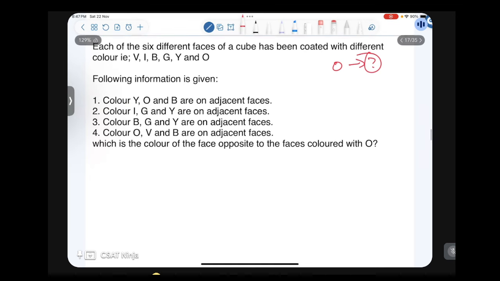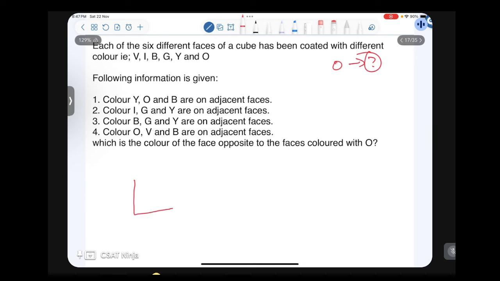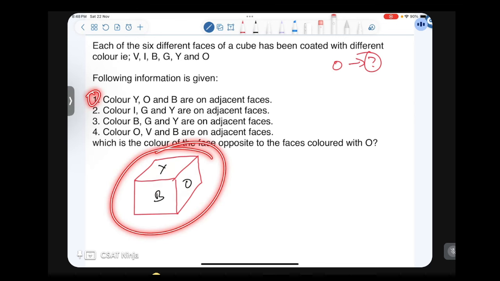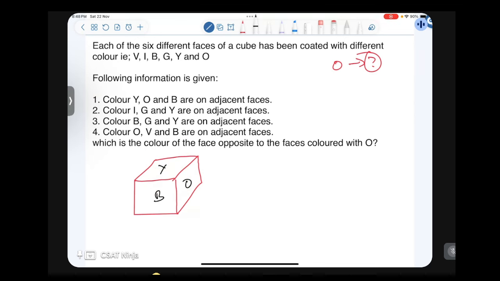So according to statement number 1, Y, O, and B, 3 of them, are next to each other. That means Y is next to B, Y is next to O, O is next to B, and O is also next to Y, and so on. This is case number 1. This is statement number 1. I don't have any idea here.